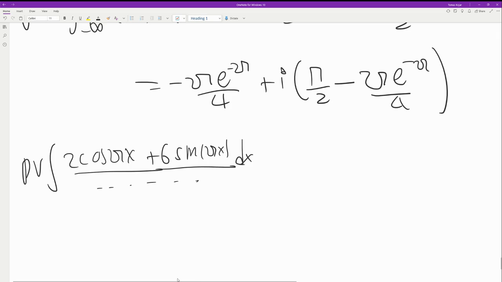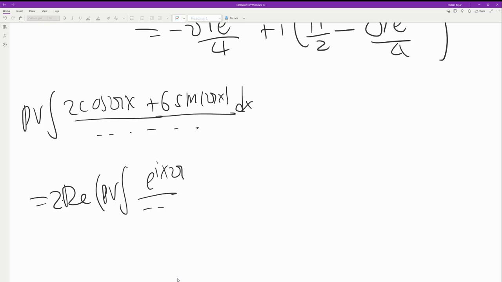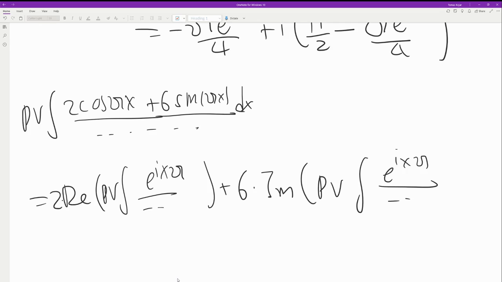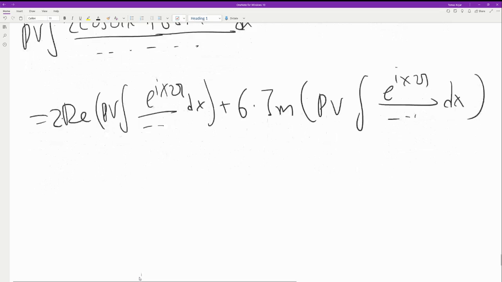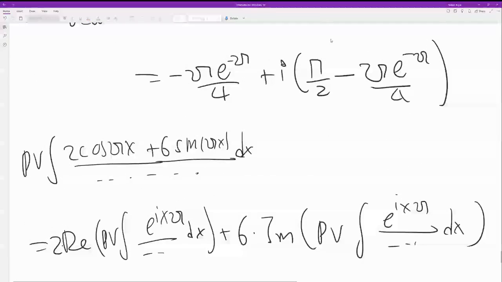And you split this guy, so it's 2 times the real part of the PV of e to the i 2 pi x and 6 times the imaginary part of the PV of e to the i 2 pi x dx. So what am I trying to say? The first guy is the real part from above, which was this.